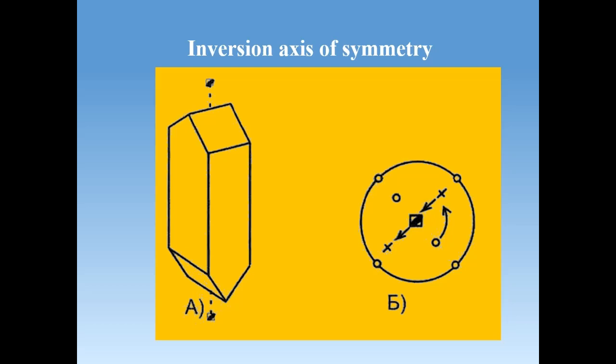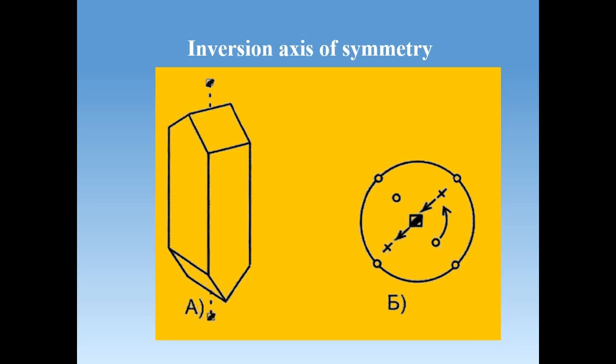This figure shows these transformations. Face R turns by 90 degrees in the upper hemisphere projection and, reflected in the center of symmetry, occupies the position of point B in the lower hemisphere.